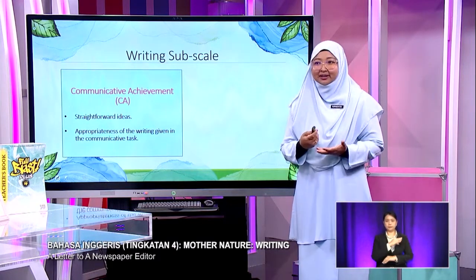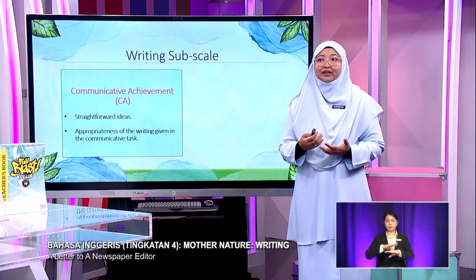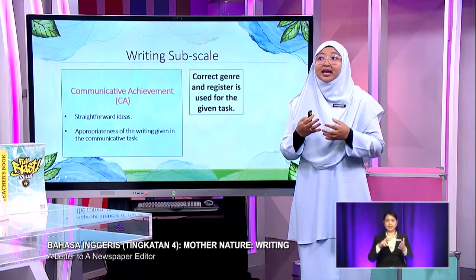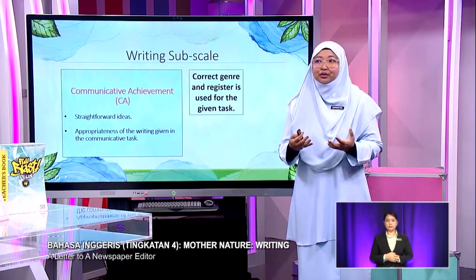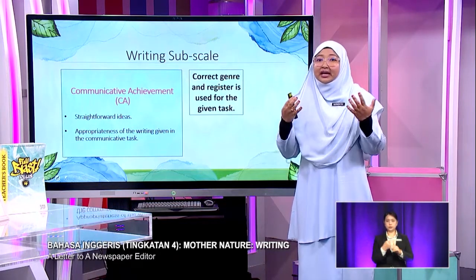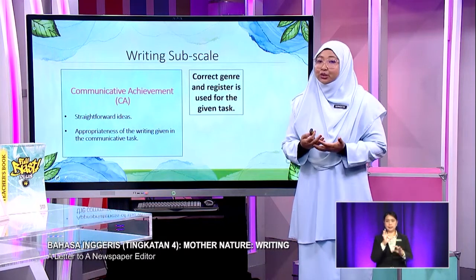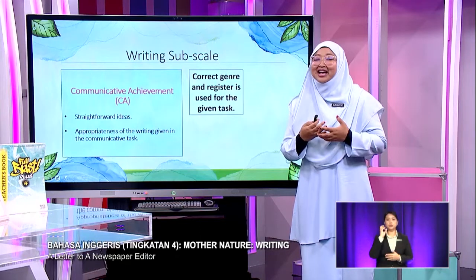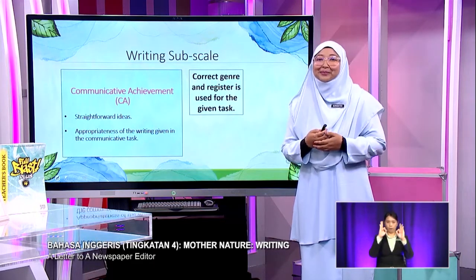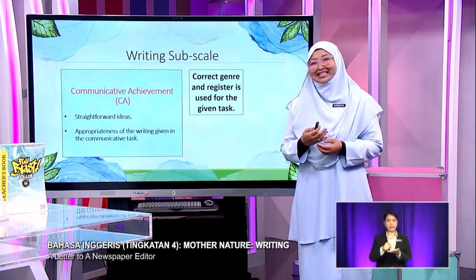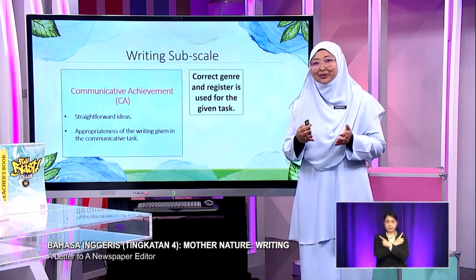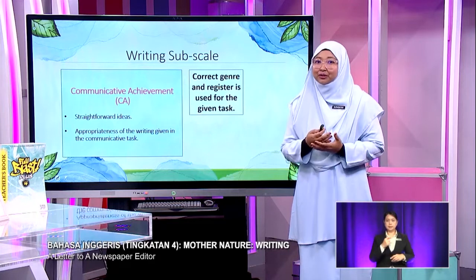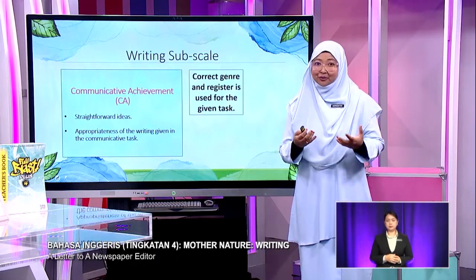And there is appropriateness of the writing given in the communicative task. What I mean here is that the genre and the register are used for the given task. So if you are writing a letter to the editor, it should be formal. You cannot write, dear friend, or hi editor. It is improper, right? So you have to make sure the style and the genre are suitable for your writing or the format.